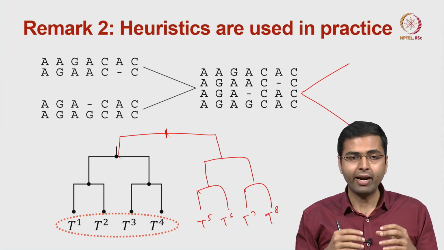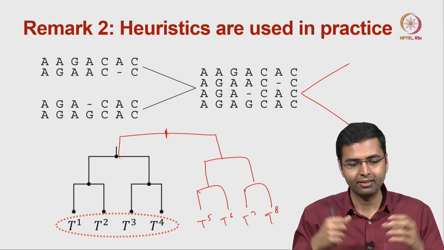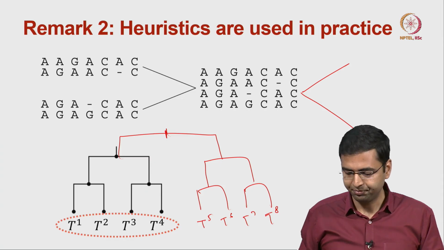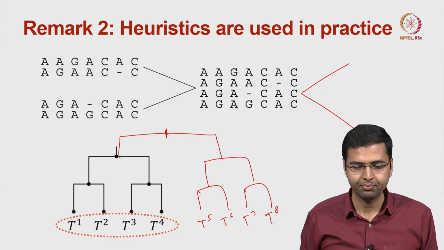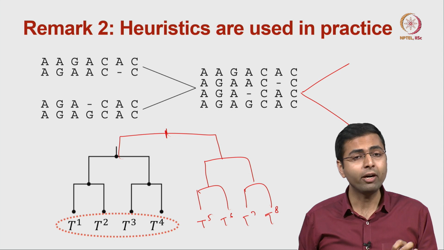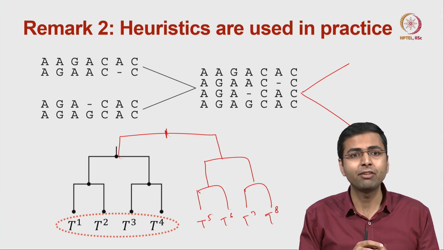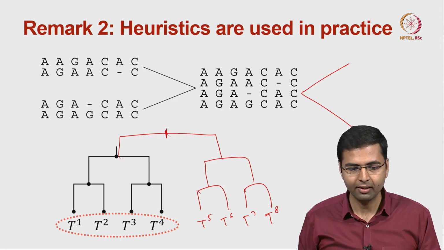You can see this is why it is called progressive alignment, because we are progressively building the multiple sequence alignment. That is a commonly used heuristic in most implementations, and this is much faster than the exact algorithm. However, this heuristic will not guarantee that it returns an optimal output, but in practice it often returns outputs which are very close to optimal.